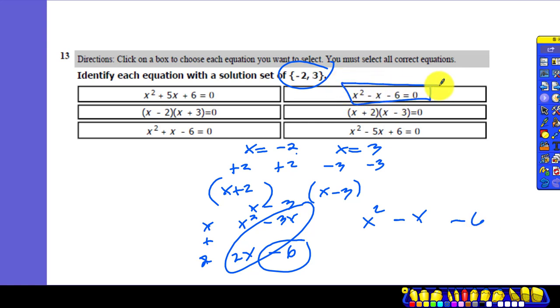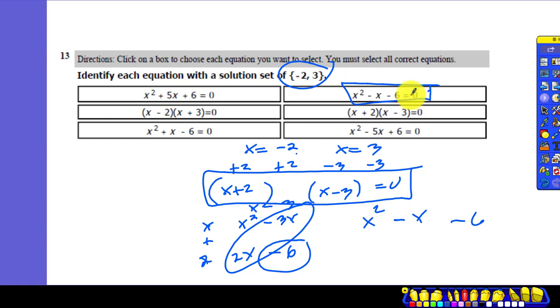If you can't find this one, assuming you don't have this as an option, look for x plus 2 times x minus 3 equals 0. This could also be an equation. There's a possibility that they will not give this as an option.